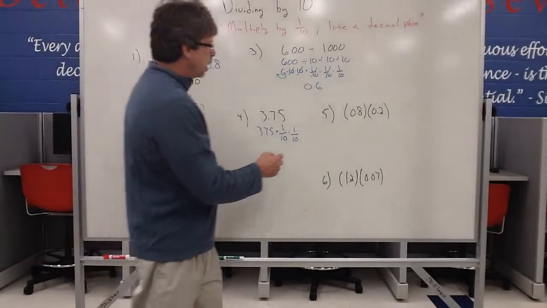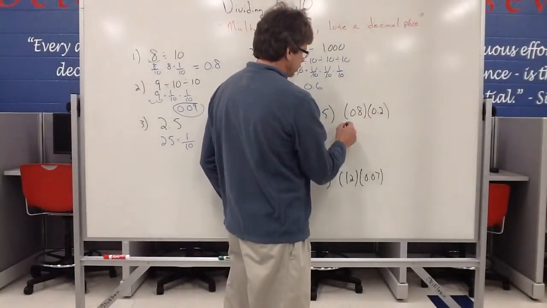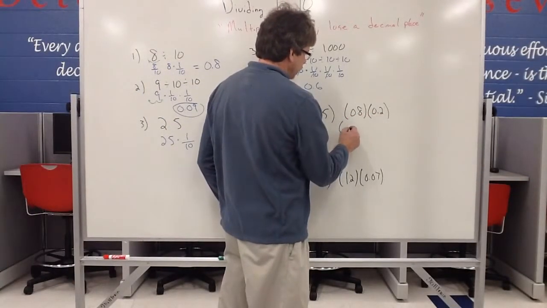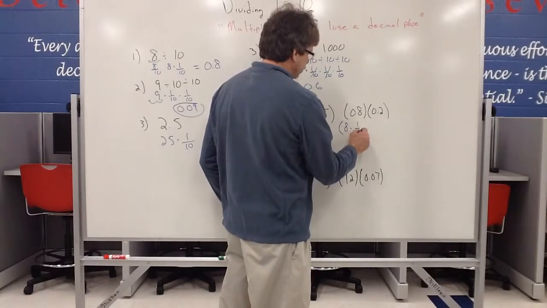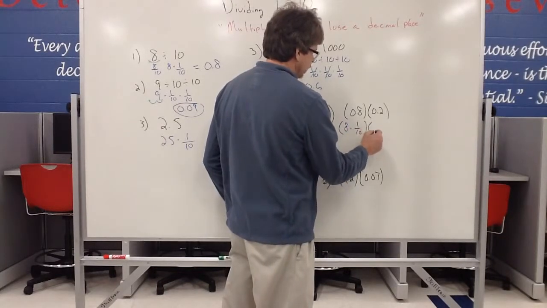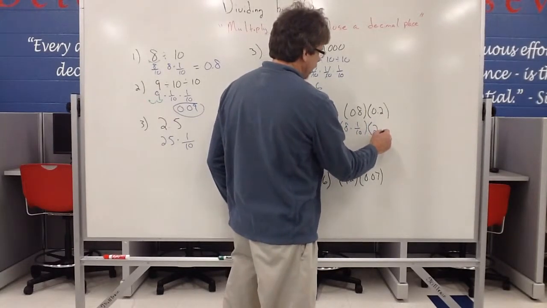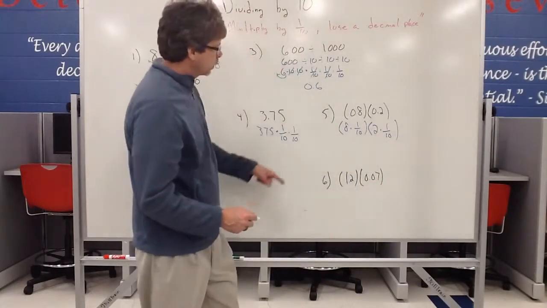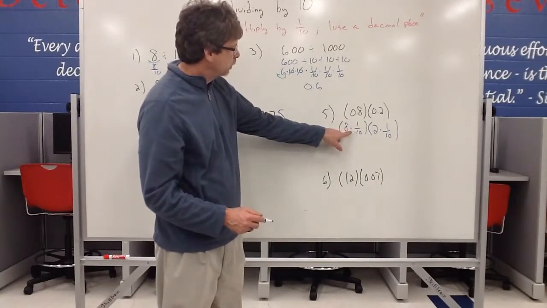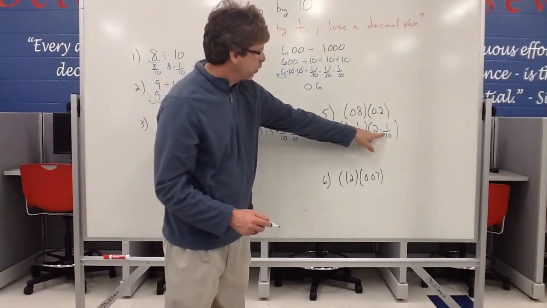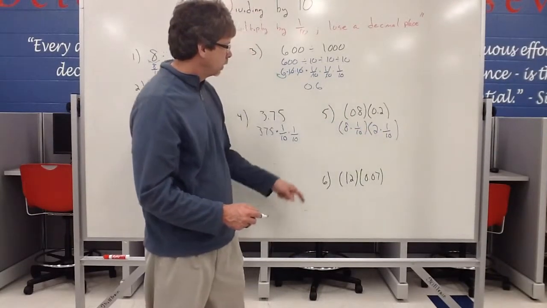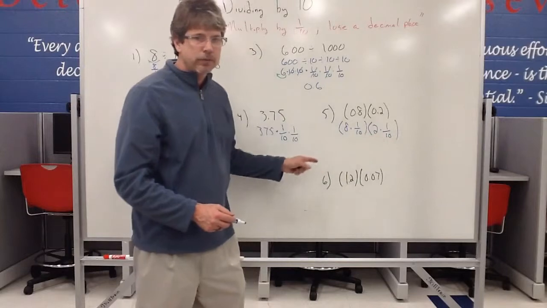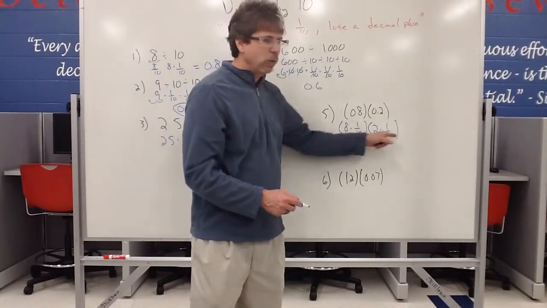So when it comes to this problem here, 0.8 times 0.2, I can look at this as 8 times 1/10. And I can look at this as 2 times 1/10. Because again, that multiplied by 1/10 means you're back to 8/10. Multiplied by 1/10 brings that back to 2/10. But notice how this is all multiplication. In a multiplication problem, order does not matter.